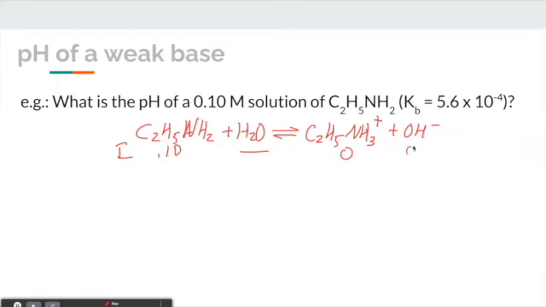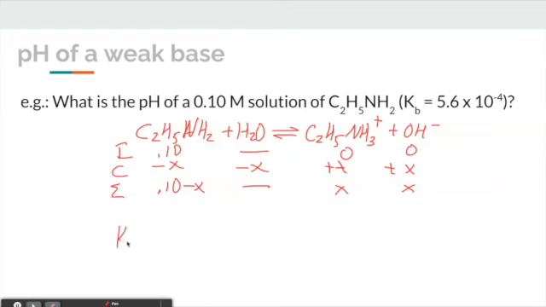This will be 0, this will be 0 before ionization. The change is 1 to 1, so minus x, plus x, plus x. At equilibrium, concentration of the ethylamine, that's the name of this base, is 0.10 minus x. Water we don't care about, and x and x.